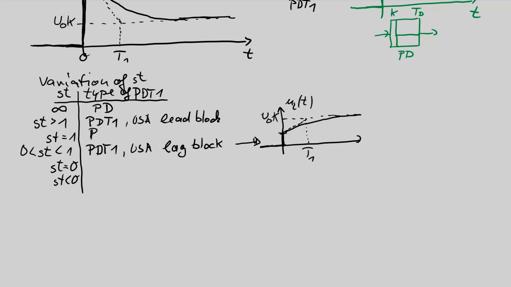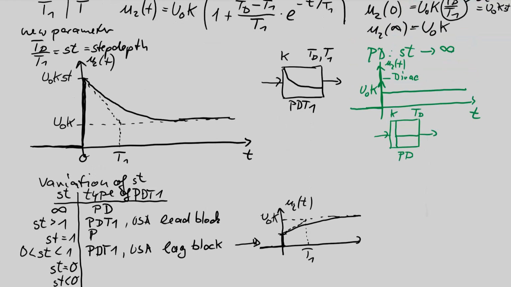Now the final value is of course the same, but now the starting value is U sub O times K times step depth. If step depth is small, between 0 and 1, the starting value is of course smaller than the final value, then this goes up. Now this is a case of step depth smaller than 1 but positive. Step depth 0 is also a case.